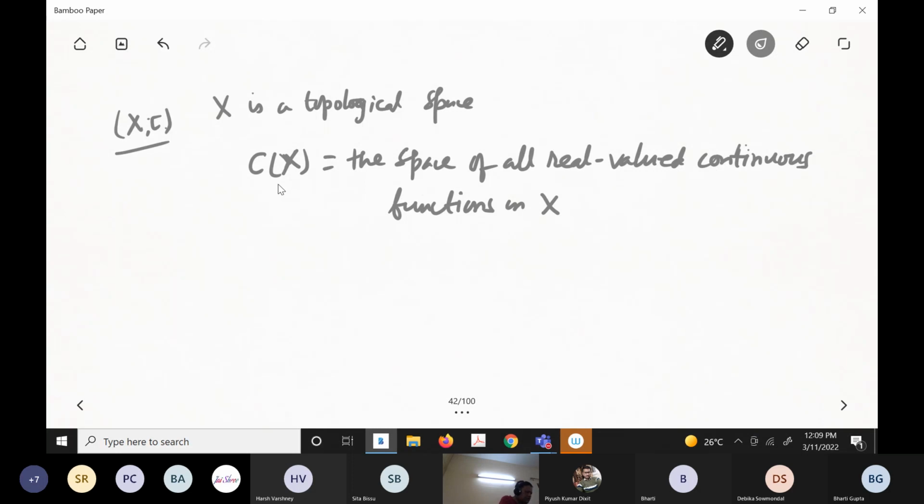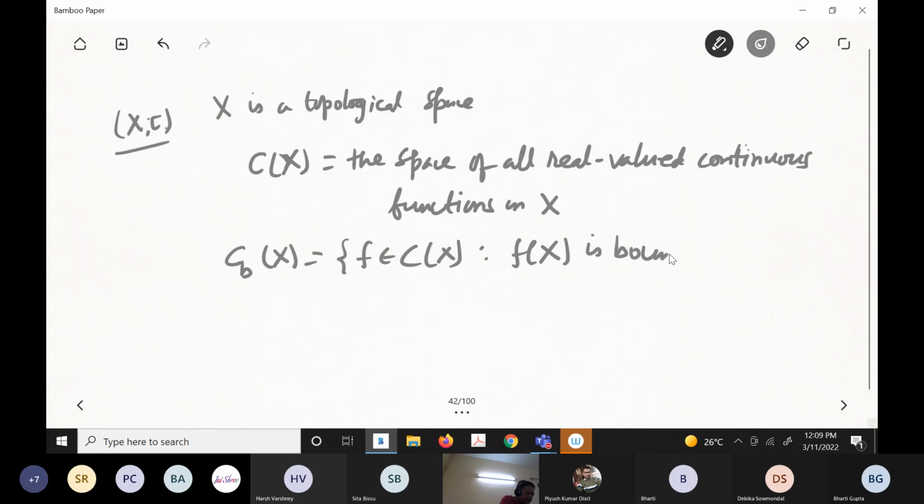So basically you'll have to look at this C_b(X), which means f belongs to C(X) and f is bounded, that means f(x) is bounded in R. That means we're taking real valued bounded continuous functions.